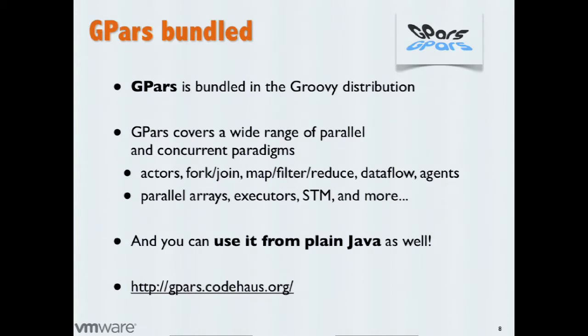GPars is a very interesting library which covers all things related to parallelism, concurrency, etc. It provides some syntax sugar on top of different constructs like actors, the fork join stuff of Java util concurrent, data flow variables, which is an interesting concept, agents, etc. So all these concurrent paradigms are supported by the GPars library.